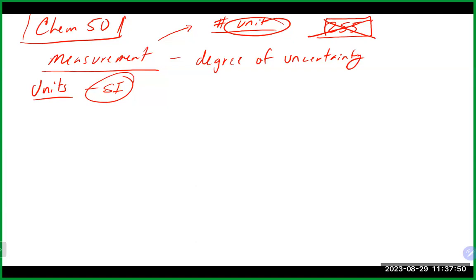With the metric system, as you might be aware, there are prefixes that we sometimes use, like kilo, centi, and stuff like that. For example, kilo is 10 to the 3, which is 1 times 10 to the 3.